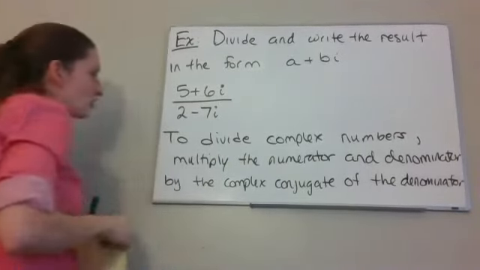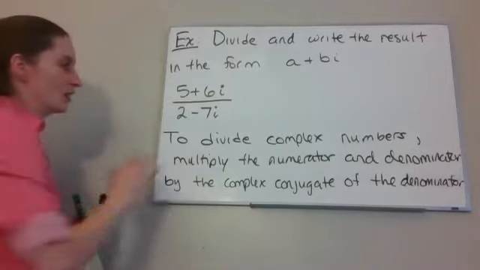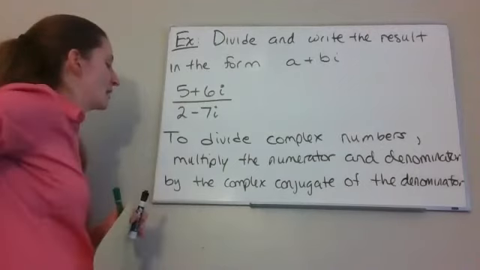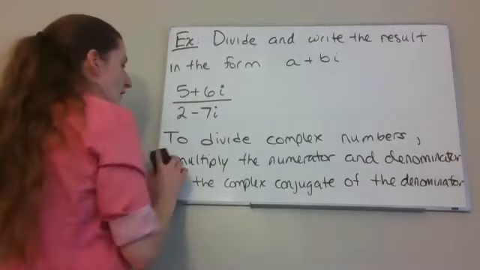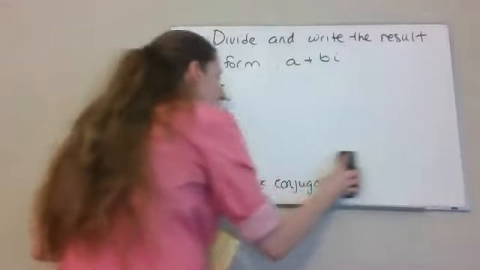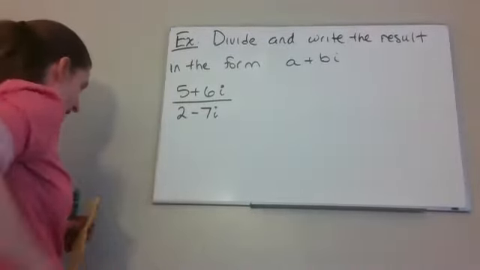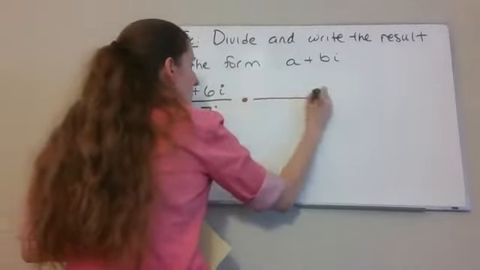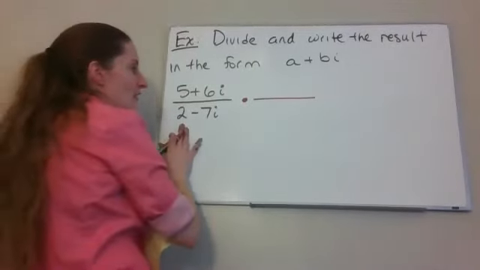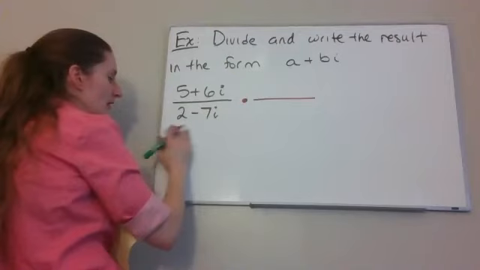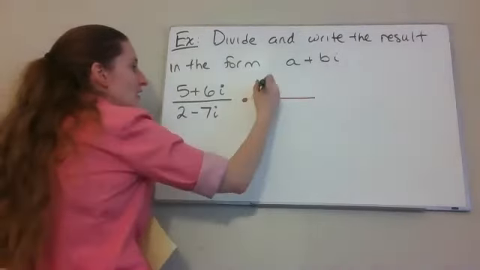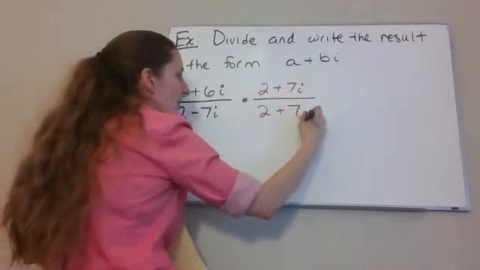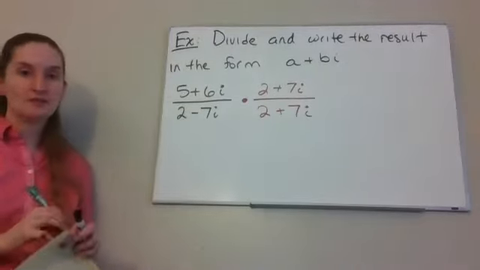And now the procedure that I need to use, I still have it written down. To divide our complex numbers, we need to multiply the numerator and denominator by the complex conjugate of the denominator. So I'm going to multiply this entire fraction by the complex conjugate of the denominator over itself. So the complex conjugate of 2 minus 7i is 2 plus 7i. And I'm going to put that on both the top and the bottom so that I'm not changing my problem.